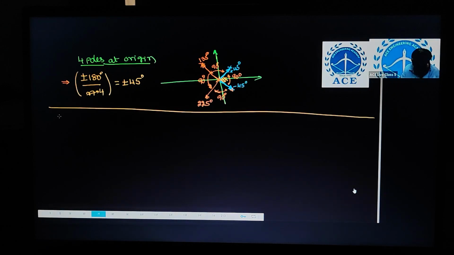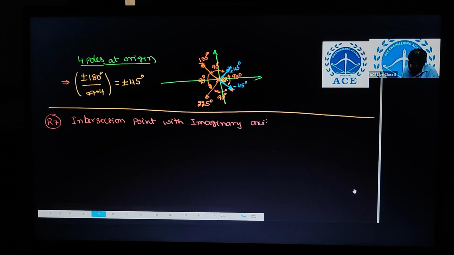Rule number 7. Intersection point with imaginary axis.